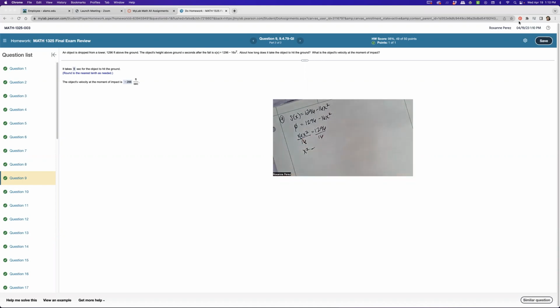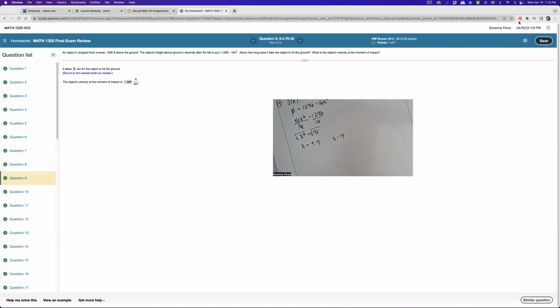X squared equals 1296 divided by 16, which is 81. Take the square root of both sides. X equals plus or minus 9. We're dealing with real world conditions, and x is your time, and time cannot be negative, so x equals 9.